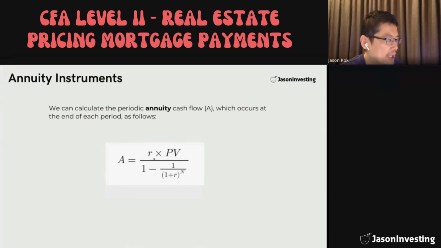A is the payment, R is the interest rate, and PV is the amount that the bank is lending to you. To derive this annuity formula, you can use the infinite geometric series. We actually did a video in the fixed income series on how to derive this equation, but we're not going to do it here.